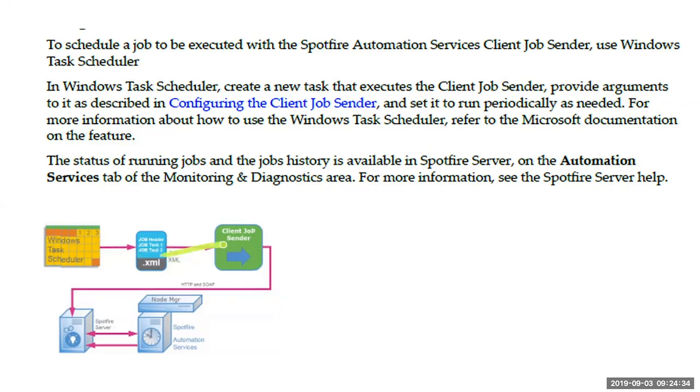Now this client job sender worked through the command line, and we have extensive documentation for you to peruse through and understand how to enable this. But it was the glue that actually executed tasks. Now the administrative interface inside Spotfire 10 does that for you, but the underlying concept is simple.